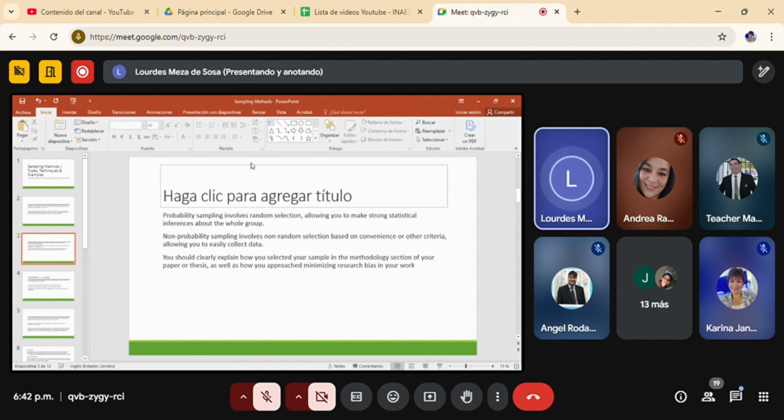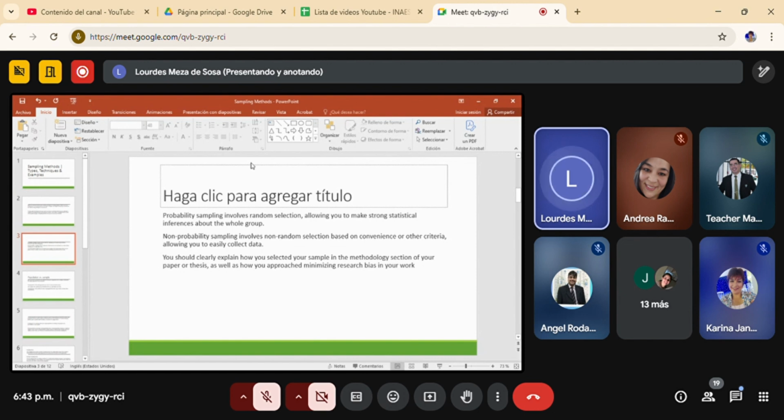So I take probability sampling when I choose just about anybody, and I can say that out of 100 people who were interviewed, 90 responded that so and so. So I have a very strong statistical number, right?